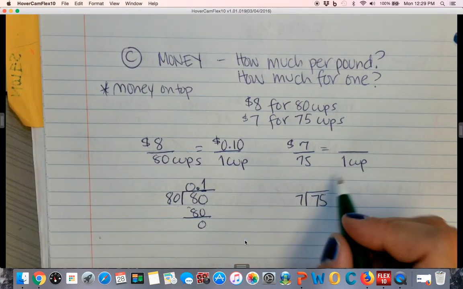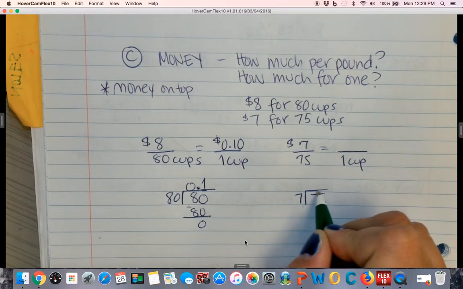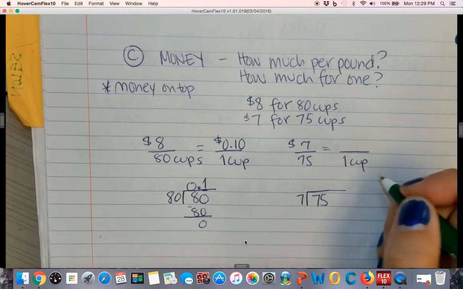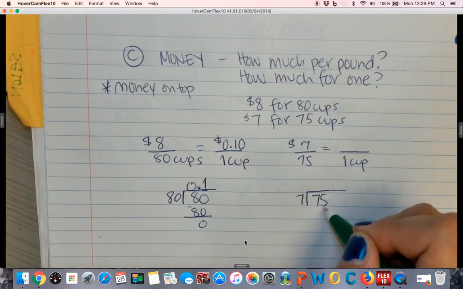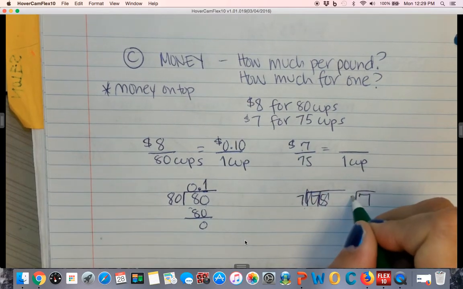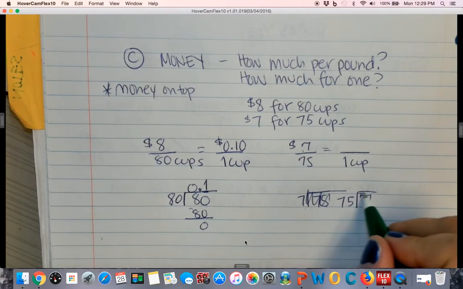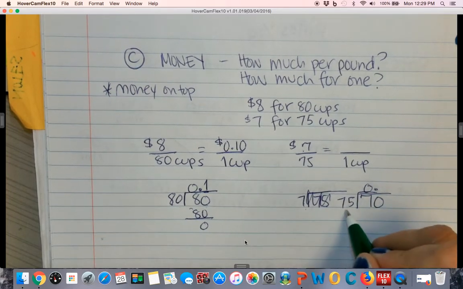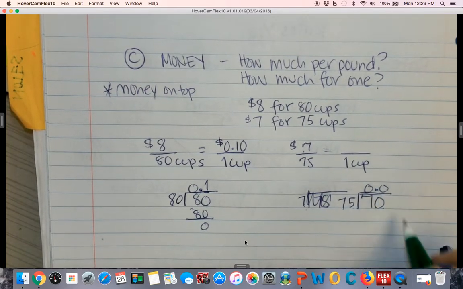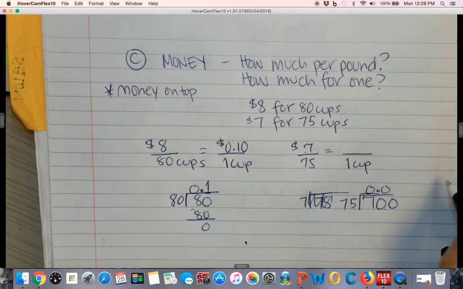Let's figure out this one. 7 into 75. Oops, I did that wrong. Look at that already. 7's the top dog. Okay, so 7 divided by 75. 75 into 7, 0. 75 into 70, still 0. 75 into 700.